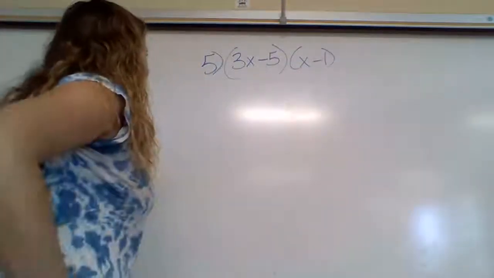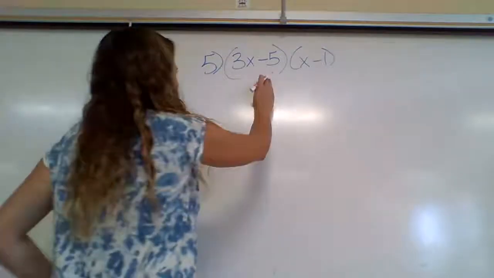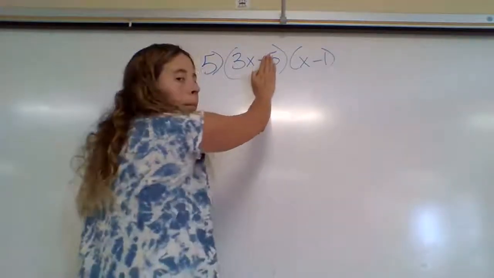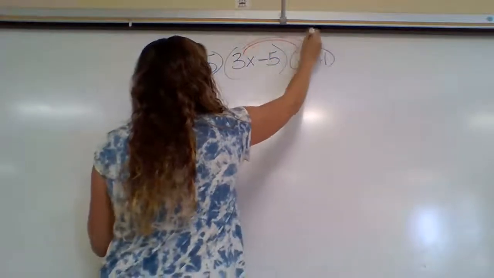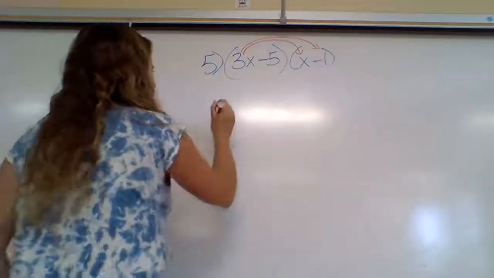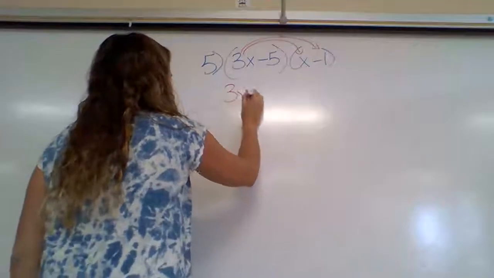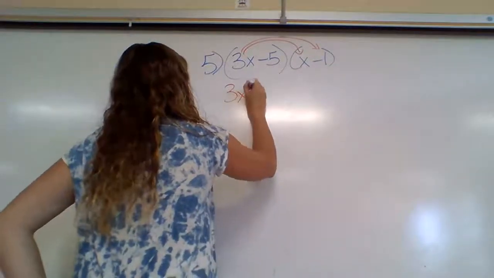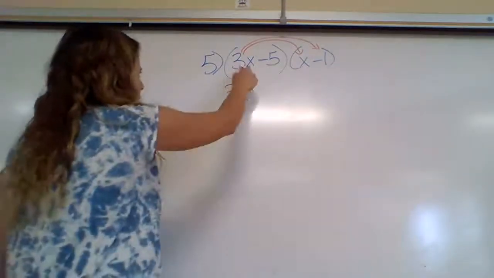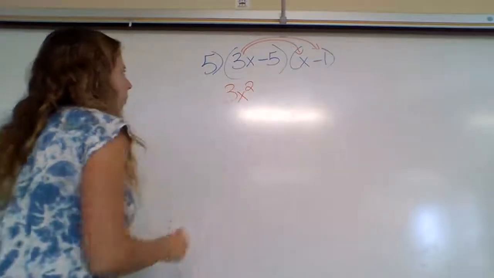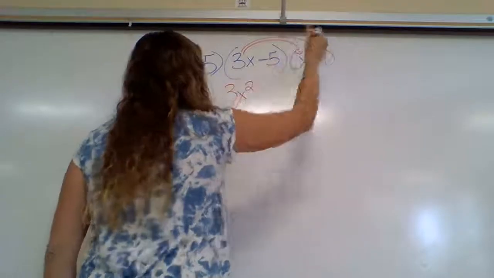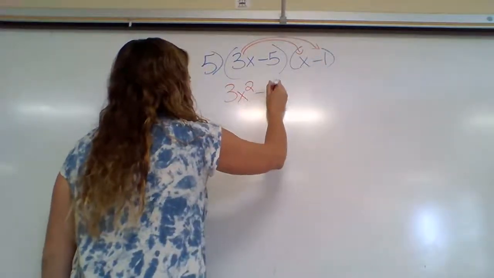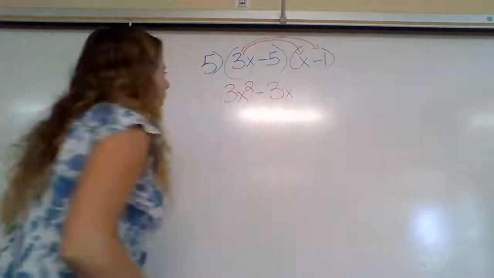So for now, I'm going to start with my 3x. You can ignore the negative 5. Here we go. 3x times x, 3x squared, because x times x is x squared. Okay, you have 3x times negative 1, negative 3x.